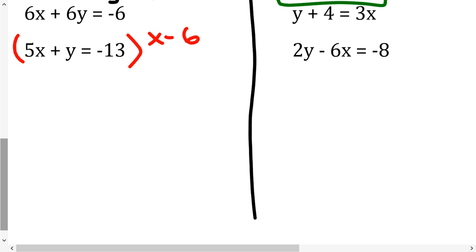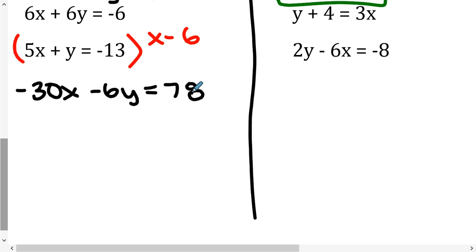When I multiply that by -6, I'm getting a -30x. When I have y and I multiply it by -6, I get a -6y. And that -13, when I multiply negative 13 by negative 6, I actually get a positive 78.